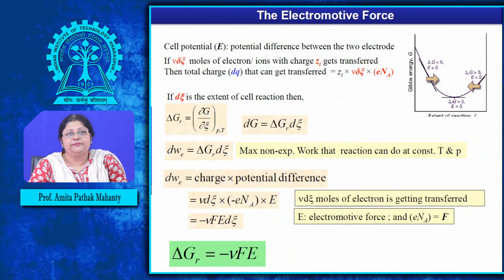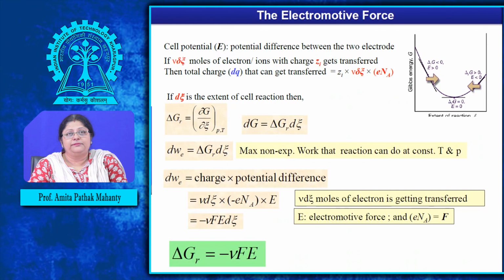So what do we have? The total charge that can be transferred will be how much? When I'm talking about the electron, what will be the total charge transferred, and what is the total number of electrons we are associating with? This is the moles of electron. What is the moles of electron?